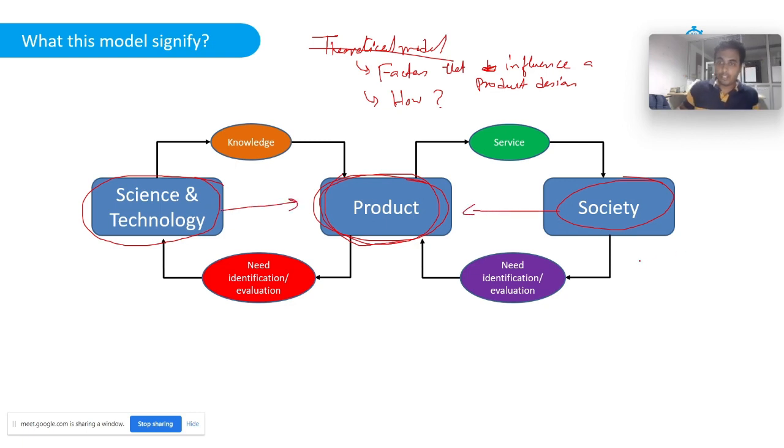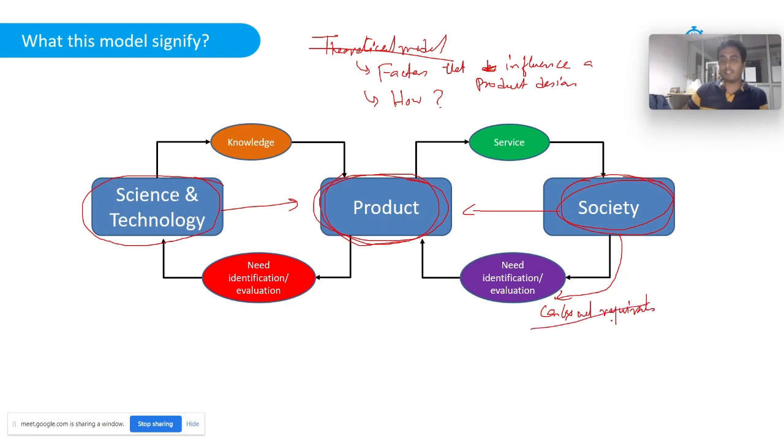And how? Whenever you have a society, there are certain contextual requirements. What do you mean by contextual requirements?